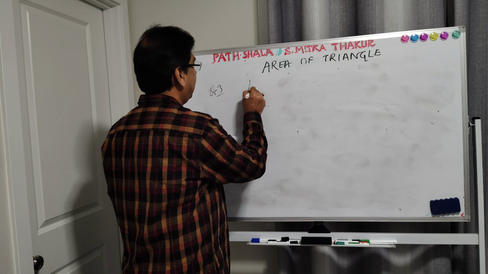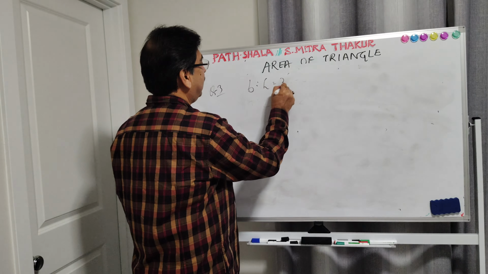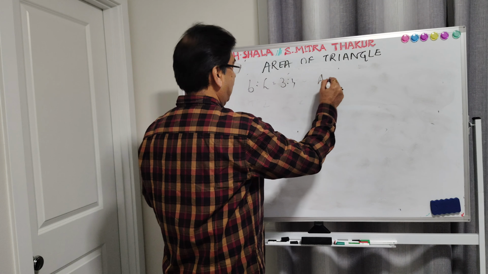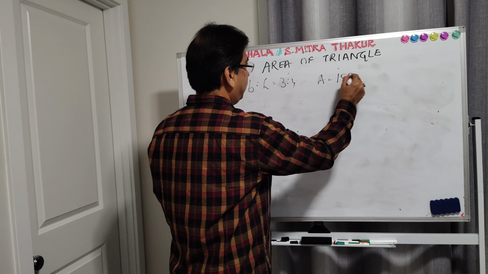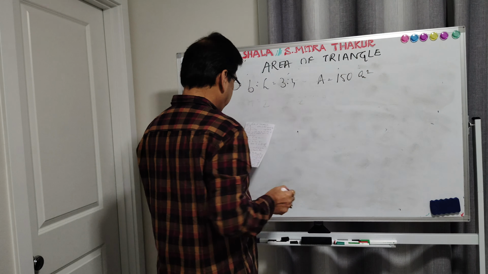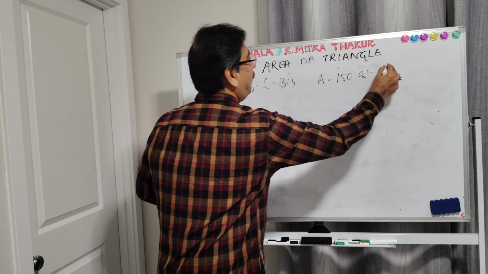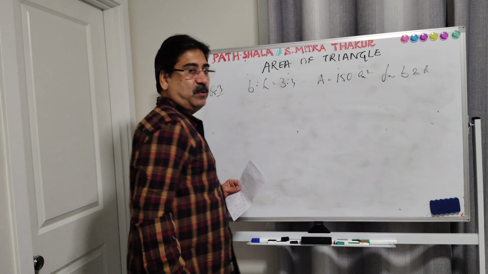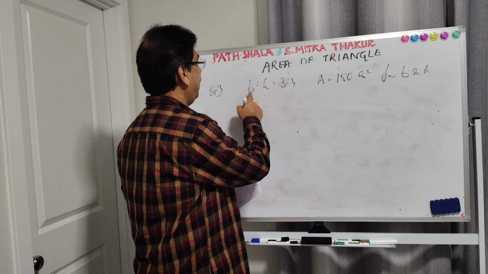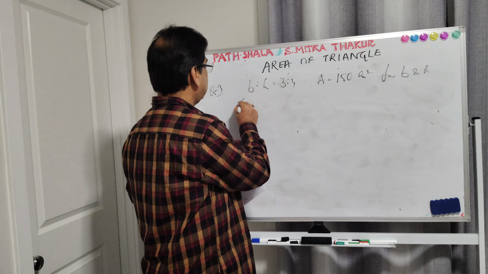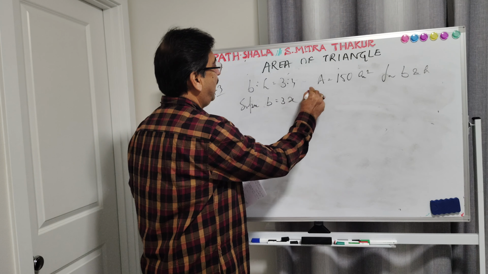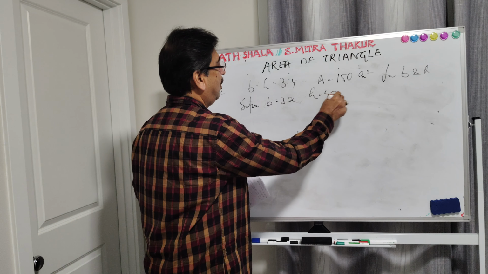Base is to height is equal to 3:4 of a triangle, and area is 150 centimeter square. Find the base and height. Base is to height is 3:4. Suppose base is equal to 3x and height will be 4x.